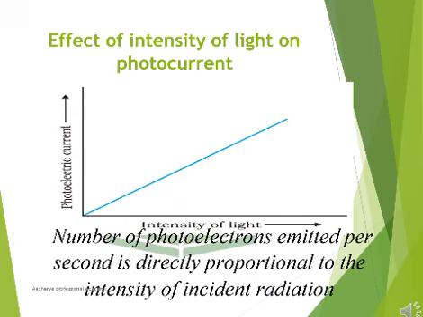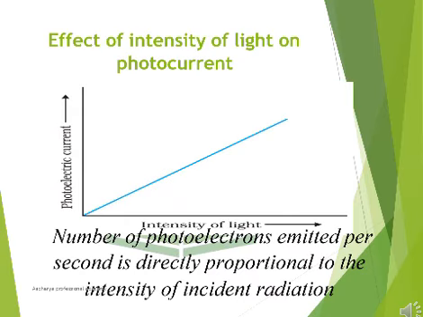Here comes the first observation, the effect of the intensity of light on the photocurrent. In the experiment we vary some parameters of the light to see the effect. The first graph is intensity versus photoelectric current. When the intensity of the incident light increases, the photoelectric current also increases.